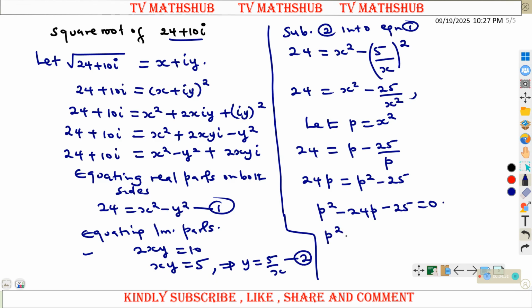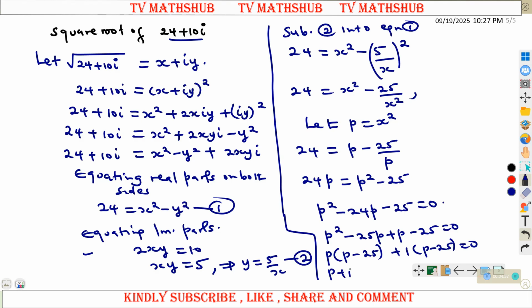This is the same as p squared minus 25p plus p minus 25, which is equal to 0. Factors of 25 which you can add to give you negative 25 will be negative 25 and 1. So p into p minus 25, then 1 into p minus 25, is equal to 0.